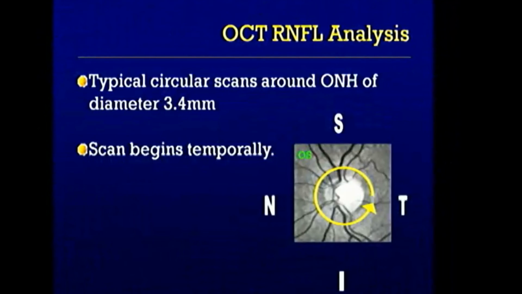Most OCT machines will do a peripapillary scan, and this in the original Stratus OCT3 was a 3.4 millimeter scan. So what it does is to scan just outside the circumference of the optic nerve. The scan starts temporally, and that's why it's described as a T-SNIT scan or T-SNIT profile.